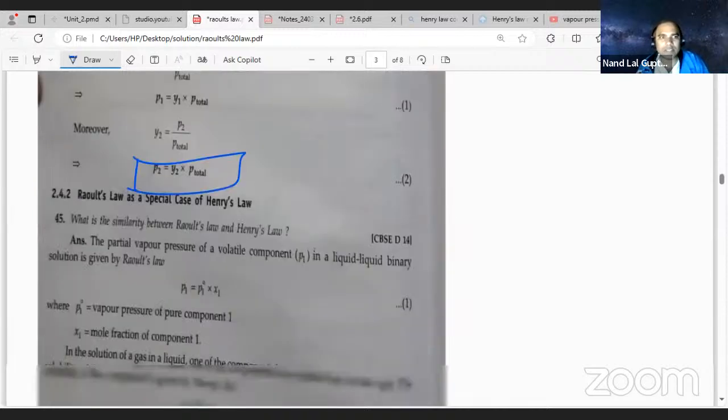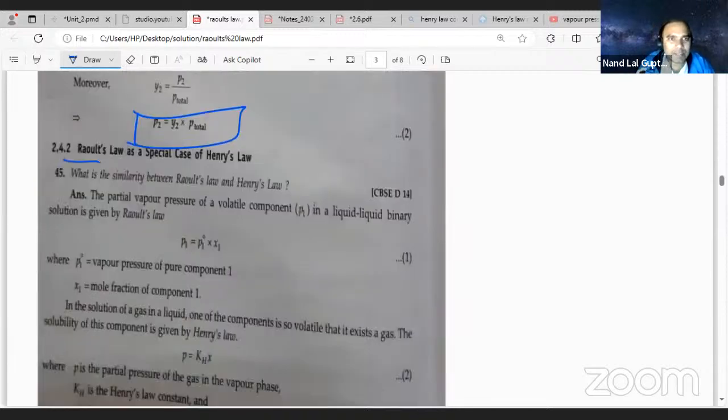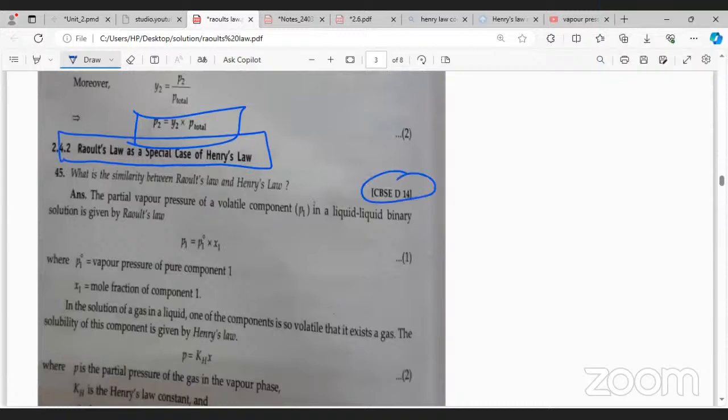Now, another question is there: Raoult's law as a special case of Henry's law. This question has been asked many times in the CBSE board exam.